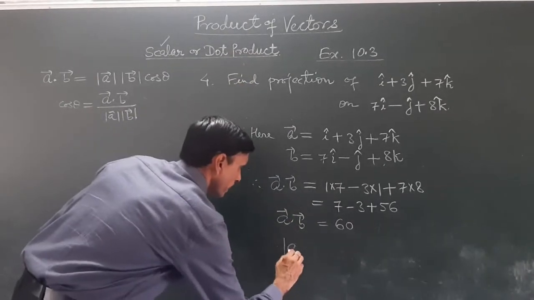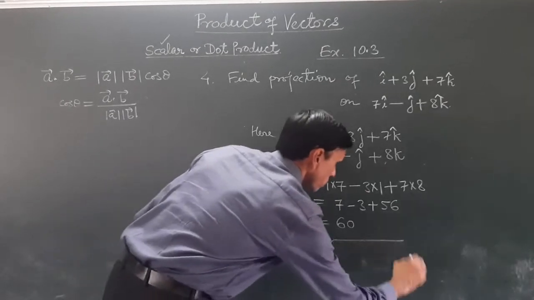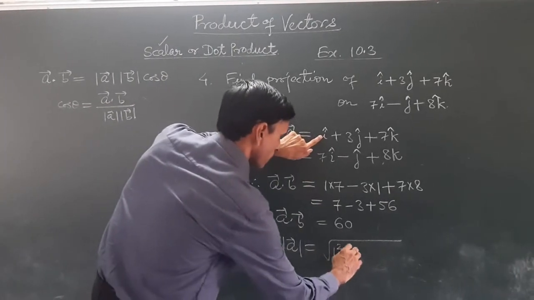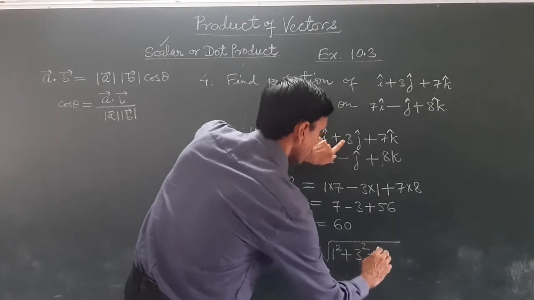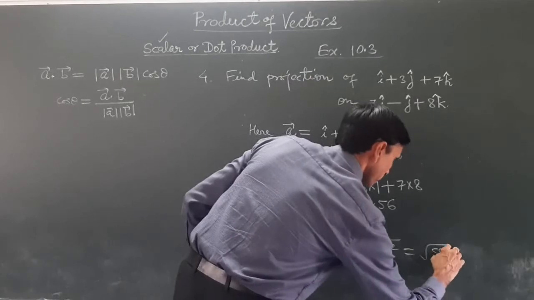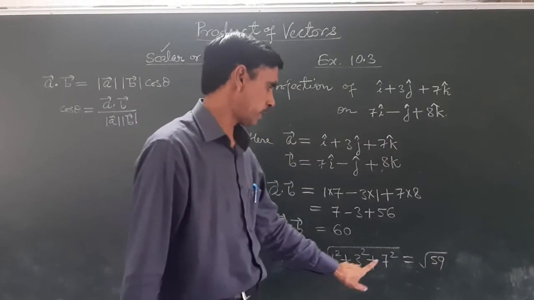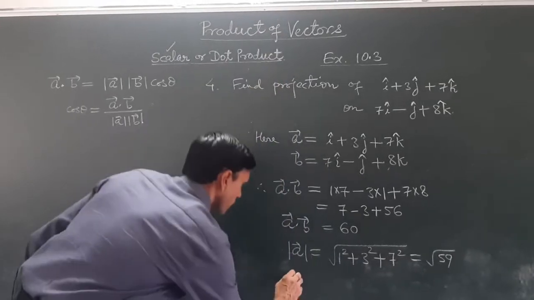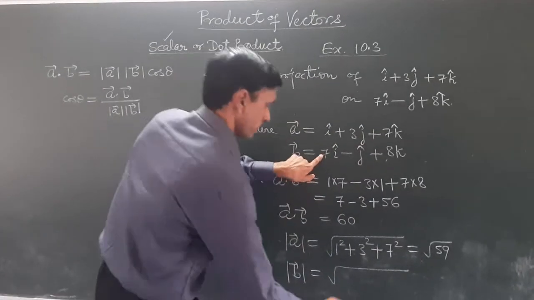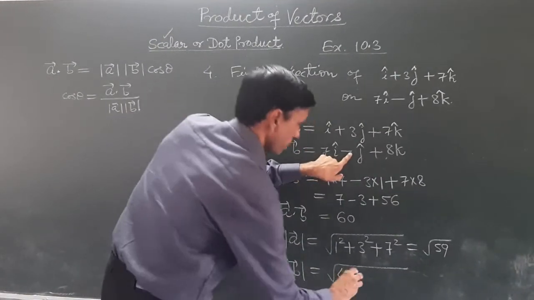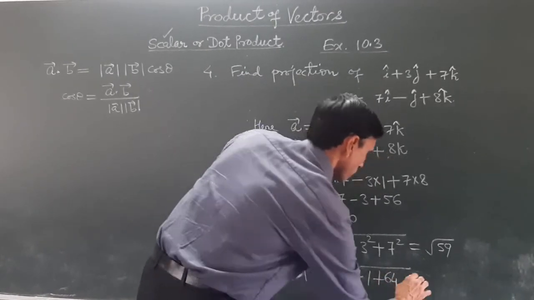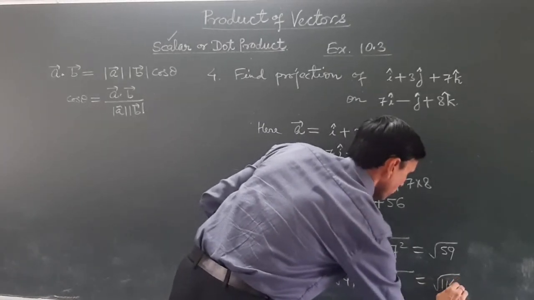Now magnitude A under root, कैलकुलेशन कर चुके हो. 1 square, 3 square, 7 square. This is under root 59. Magnitude B in the same way. 7 square, minus 1 square is positive, 8 square is 64, under root 114.